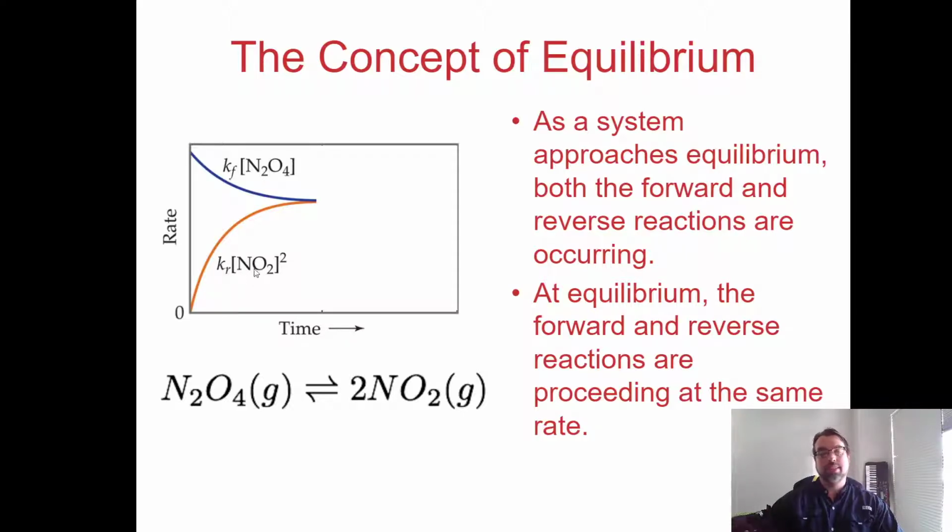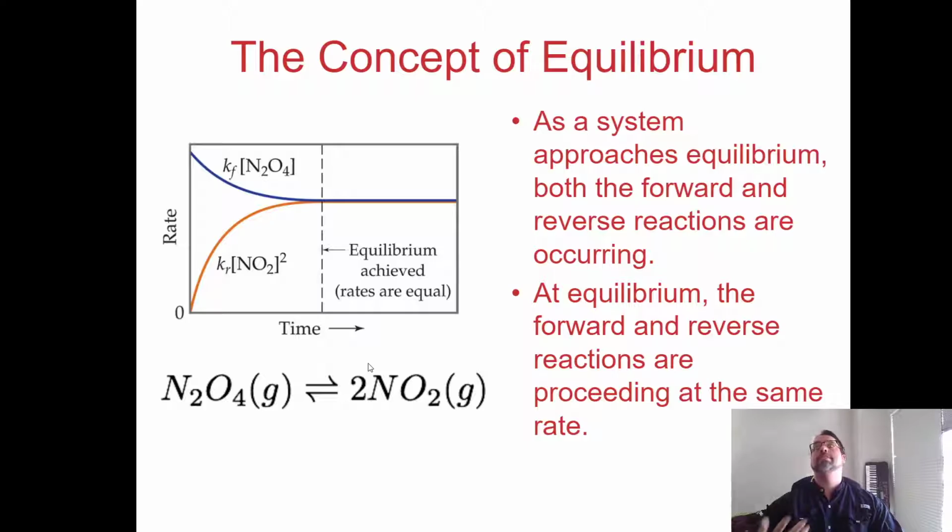Gradually, as time goes forward, the concentration of the low one gets higher, the concentration of the higher one gets lower, and we end up reaching a point where the rates of these reactions are equal. That point at which the rates of reaction for both of these reactions are equal is what we know as equilibrium.